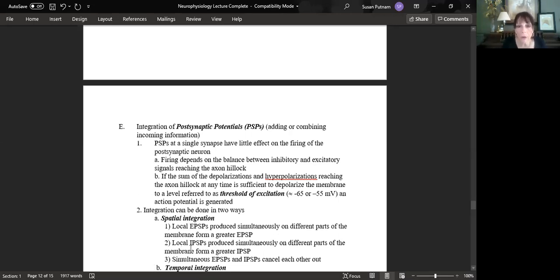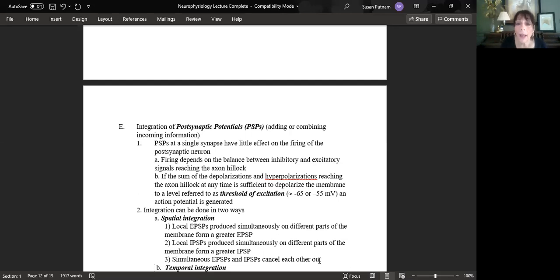Now, local IPSPs produced simultaneously on different parts of the membrane form a greater IPSP, which reduces the likelihood of that neuron firing. So now these are inhibitory, and all at once they are produced simultaneously. Quiet down, okay? That's essentially quiet down.